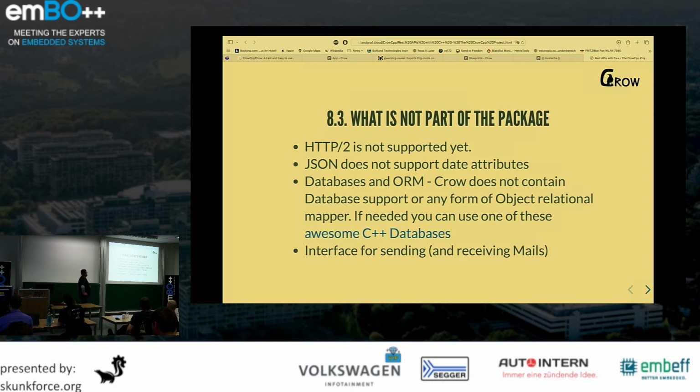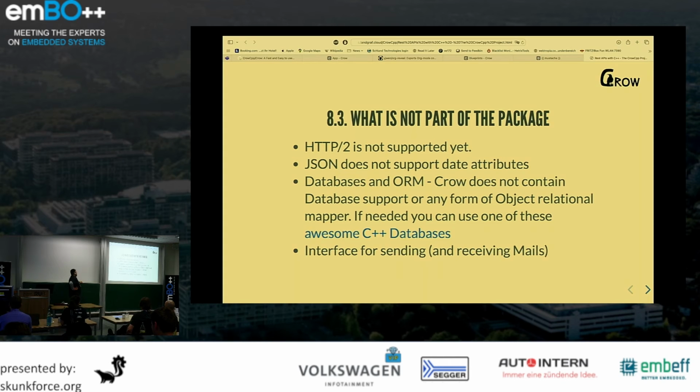There are several ways to solve that. One is the use of a library called date, which is from Howard Hinnant, the author also of Chrono. The other one is using a different JSON library like the, how was it called, nlohmann library, or what else exists.